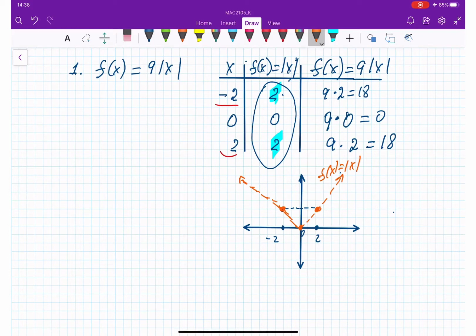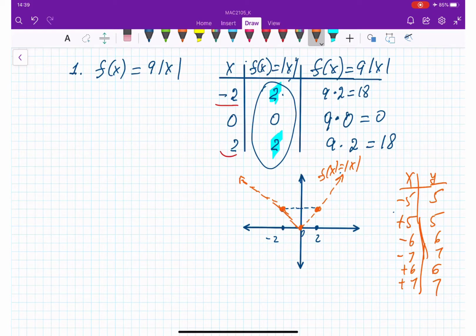If my x is negative 5, y is going to be 5. If my x is positive 5, y is still going to be 5. I can put negative 6, negative 7, positive 6, positive 7. So it's going to be the same value but positive only.